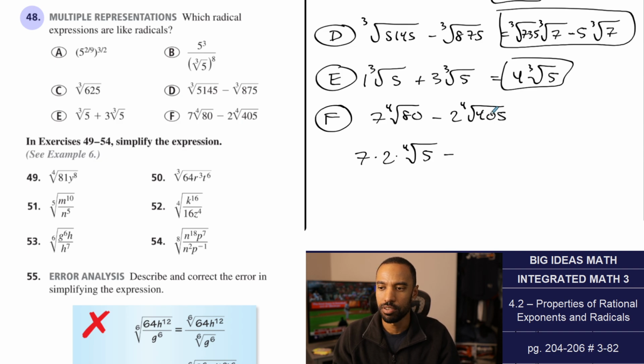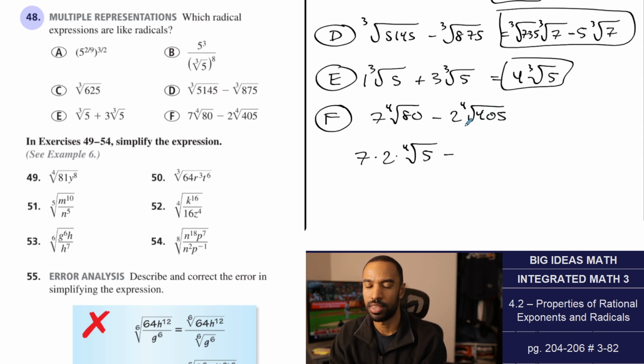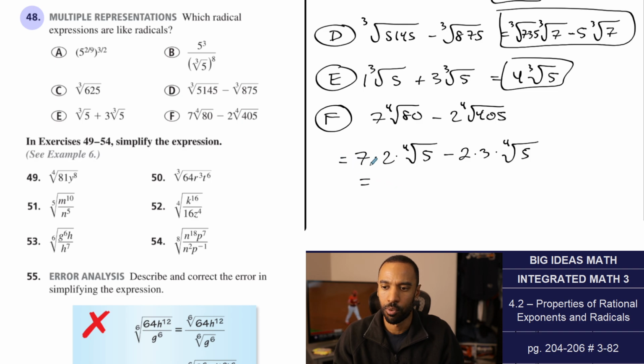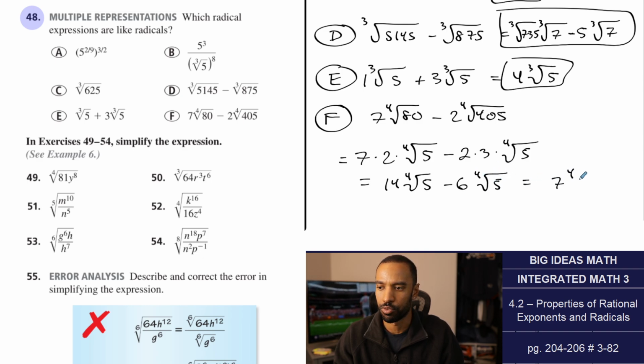Minus, well, you can divide this by 5 and get 81. We've seen that, and the 4th root of 81 is 3, so I can do 2 times 3 times the 4th root of 5 as well. So this becomes 14 times the 4th root of 5 minus 6 times the 4th root of 5, which is 8 times the 4th root of 5.